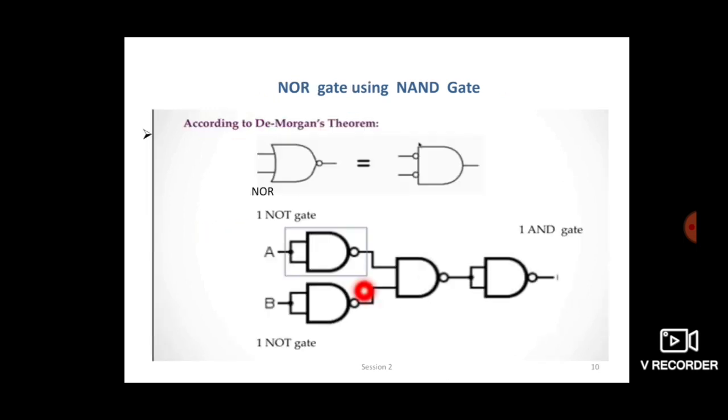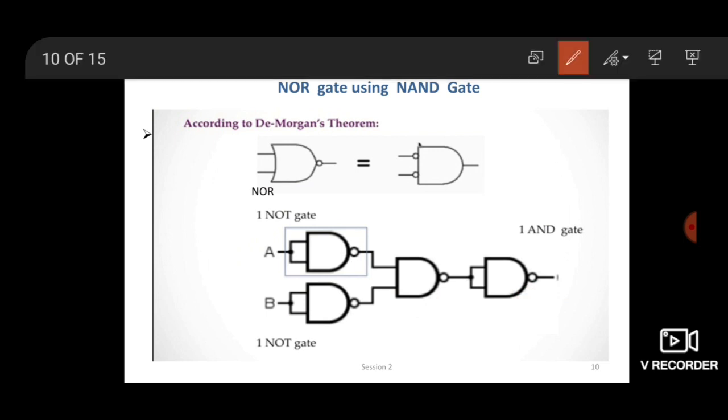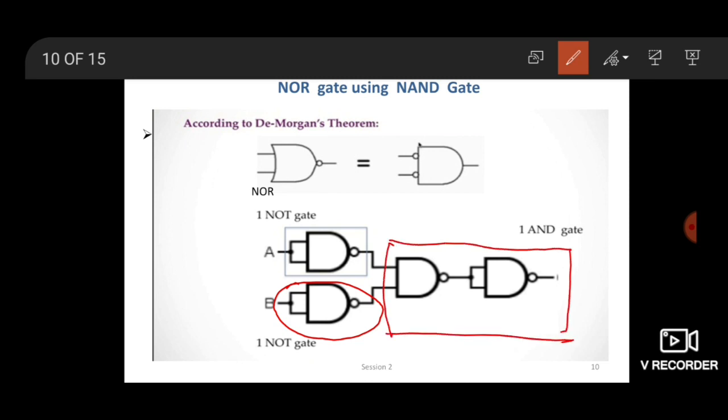See here, this is one NOT gate, this is another NOT gate, and this is totally an AND gate. And this is the final circuit for NOR gate.